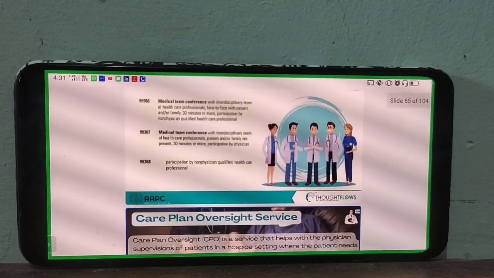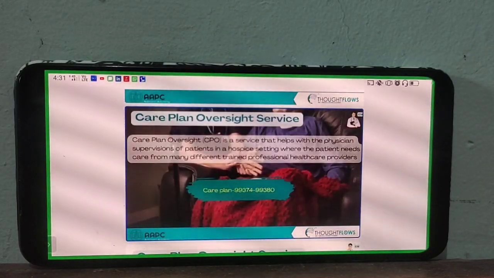Okay? Yes, ma'am. Then care plan oversight service. Here, the patient takes the treatment in a hospital setting.